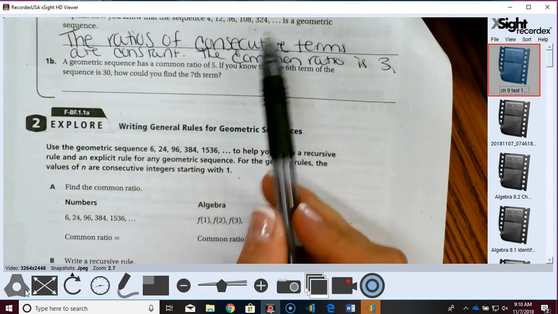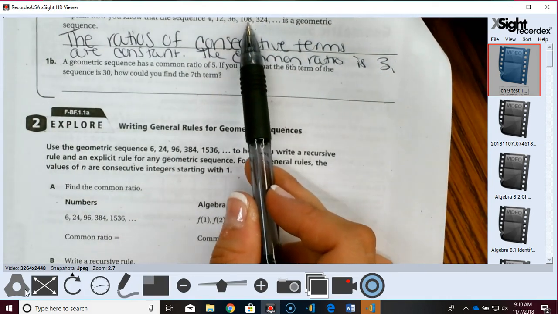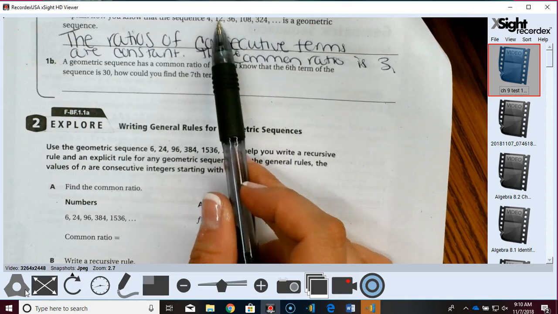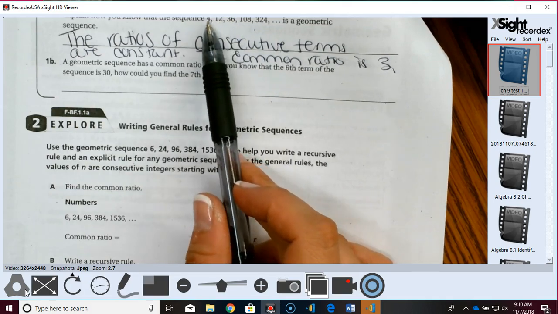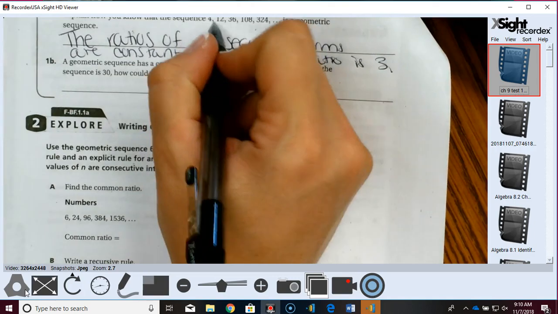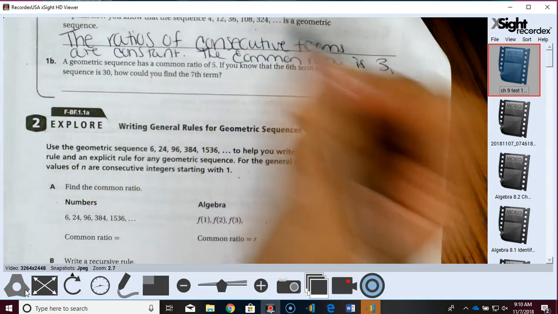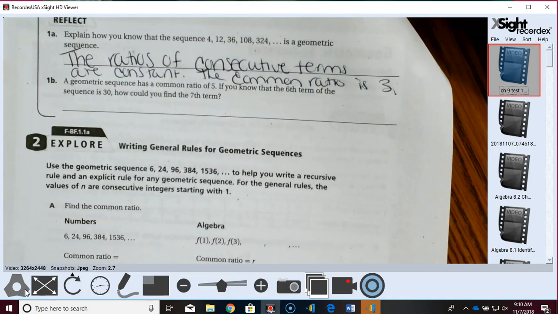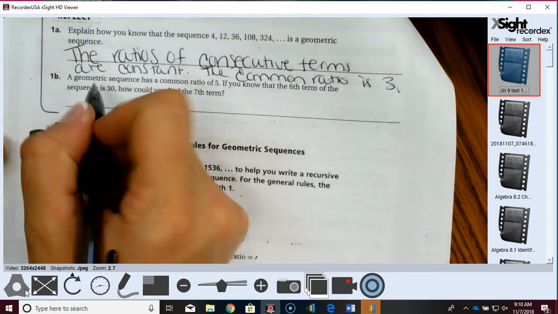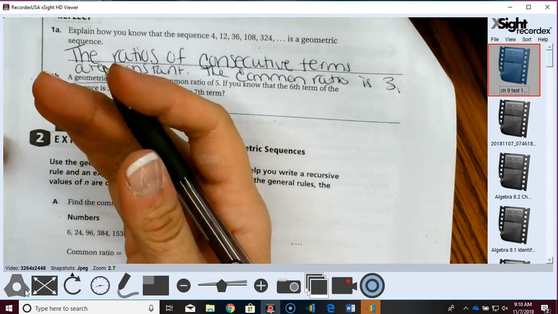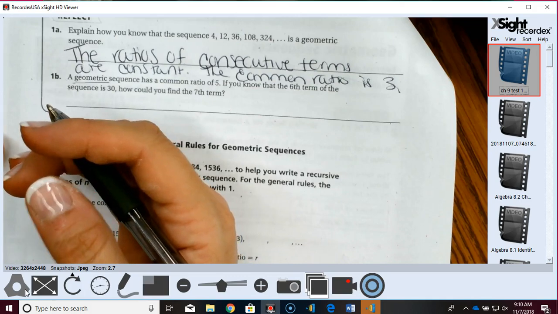So 108 divided by 36 is 3. 36 divided by 12 is 3. 12 divided by 4 is 3. So it's times 3, times 3, times 3, times 3. Our common ratio is 3. Your common ratio is what you're multiplying by.